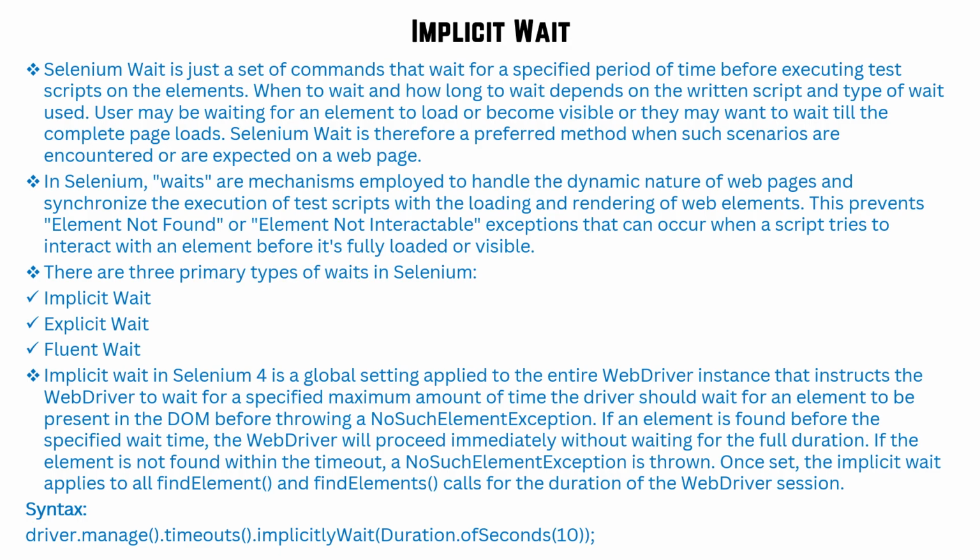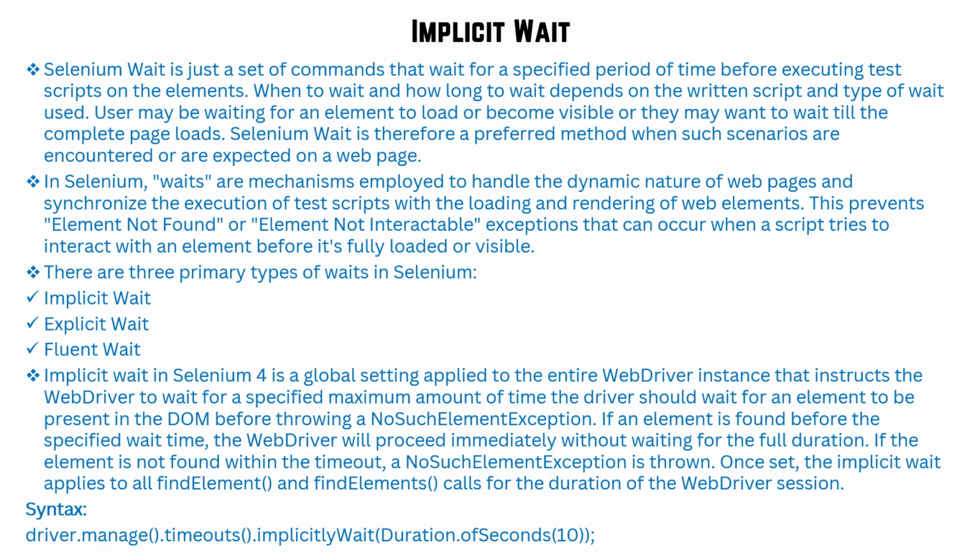Suppose for 10 seconds your internet connectivity is gone, but after 10 seconds it is restored. Explicit wait will fail because it will only check one time. Though your total timeout is 30 seconds, the test case will still fail.